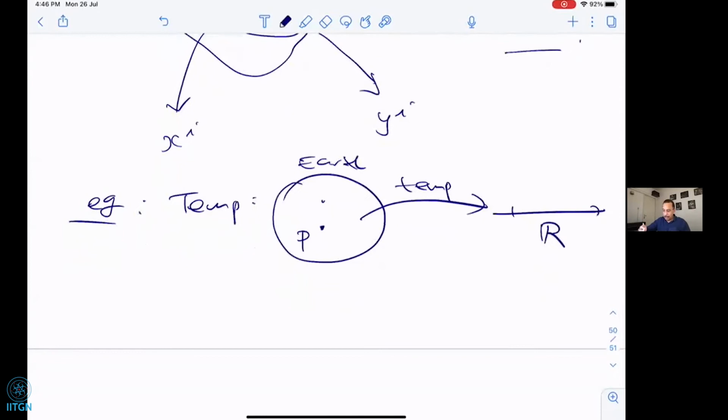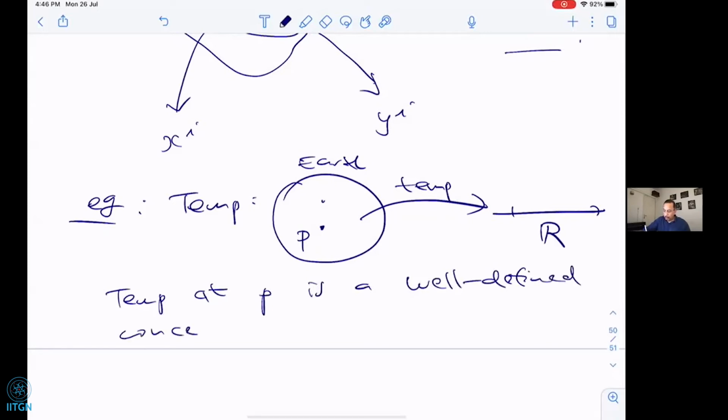For this reason, for example, in this case, temperature at P is a well-defined concept. It can't depend on coordinate system. It can't be that somebody else who puts a different coordinate system on Earth finds a different temperature from the existing one.